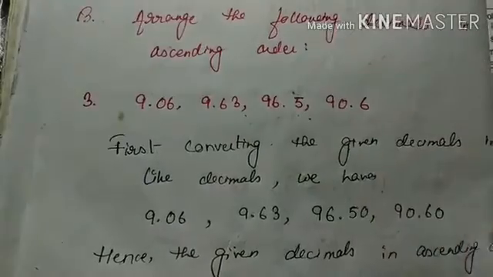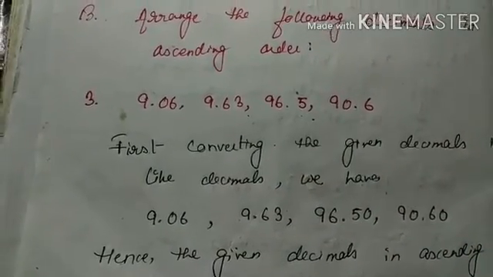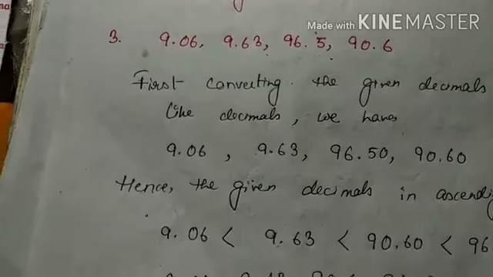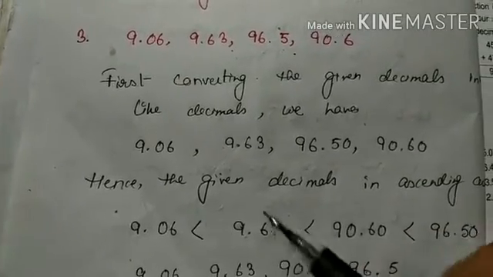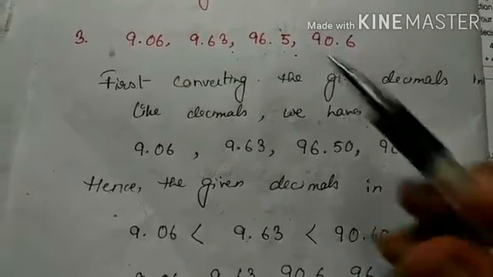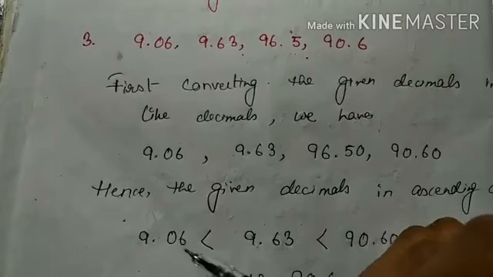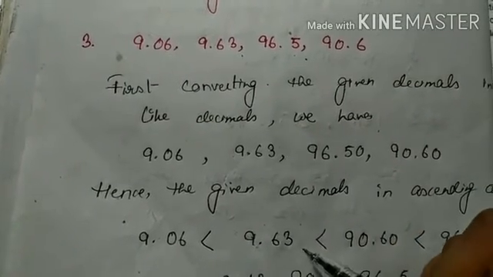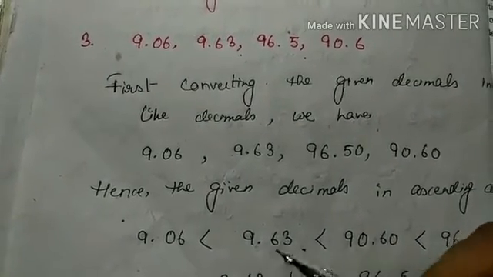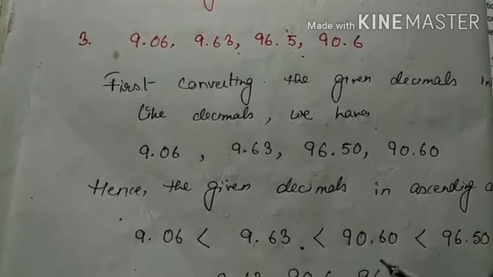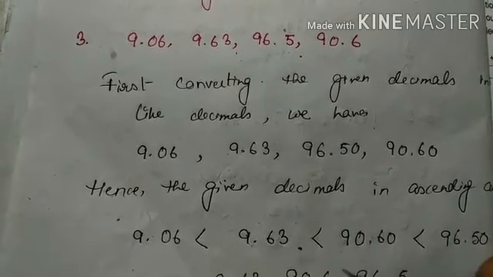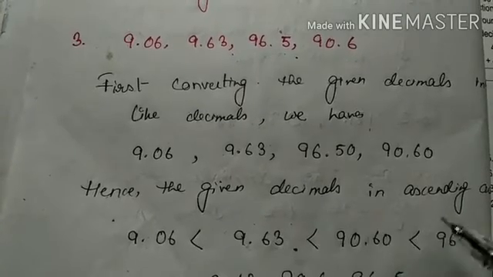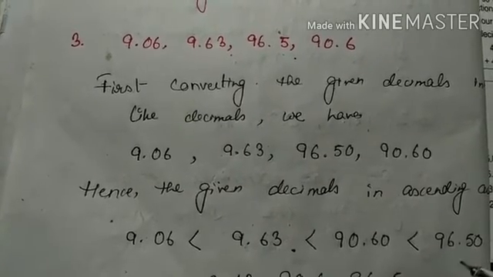First convert the numbers into like decimals, so it will be easy to solve the problem. Hence, the given decimals in ascending order: 9.06 is less than 9.63, 9.63 is less than 90.60, and 90.60 is less than 96.5.